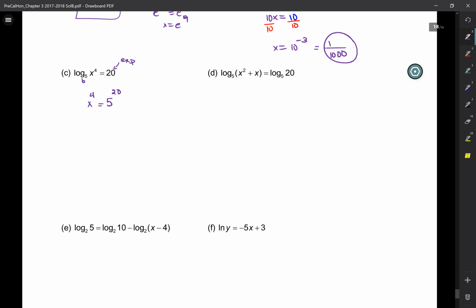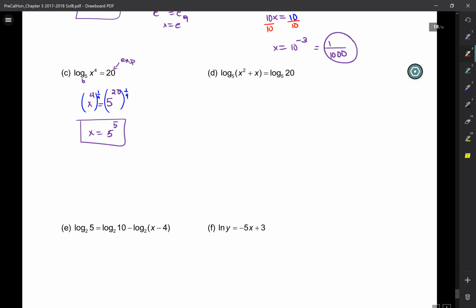What are we going to do? We're going to take the fourth root, or the fourth root is the same as to the power of 1 over 4, right? Since it's all about exponents, I feel like this is easier. So x is 5 to the 5. Again, leave it that way.